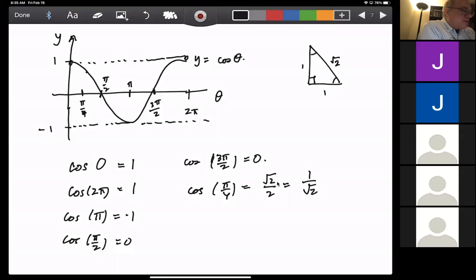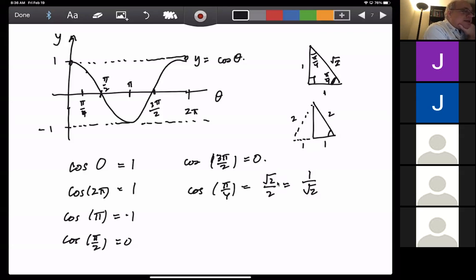These angles would both be pi over 4 for that special triangle. And the cosine of an angle like this in a right triangle is the adjacent leg divided by the hypotenuse. Right, there's another special triangle that's useful to keep in mind. If you start with an equilateral triangle, the sum of the interior angles of a triangle is pi radians.